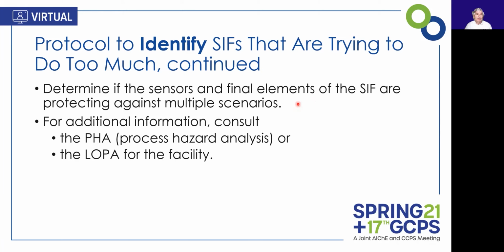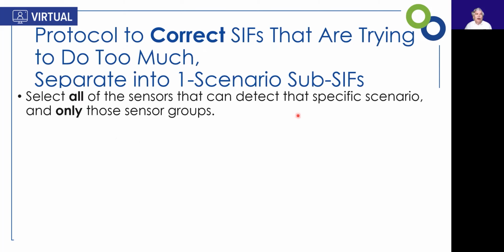Continuing the protocol, we determine if the sensors and final elements are protecting against multiple scenarios. And for additional information, we can consult the process hazard analysis and the layer of protection analysis for the facility. Now we move from identification to correction. So here's this SIF that's trying to do too much. How do we correct it? Well, we're going to separate it into one scenario sub-SIFs.